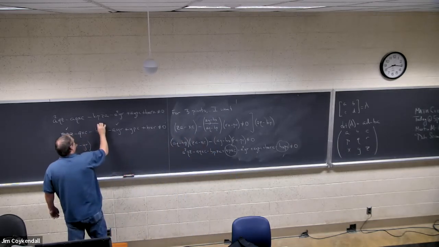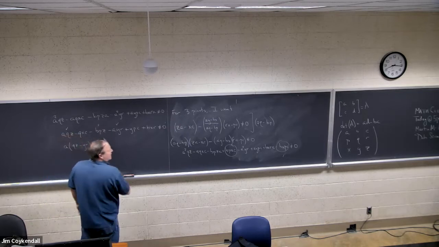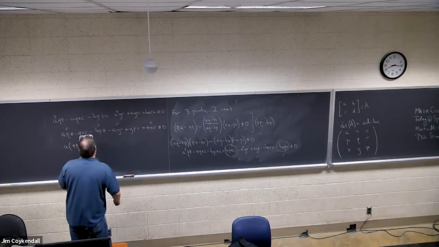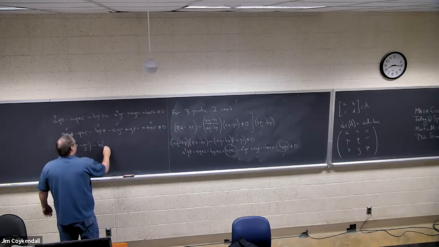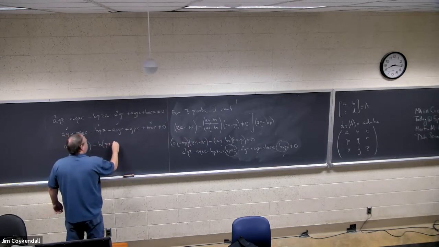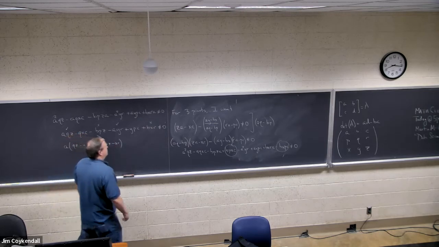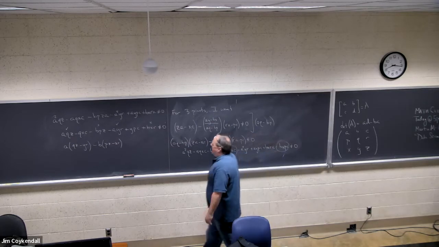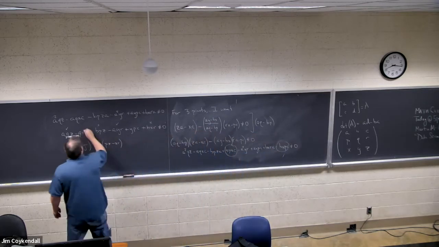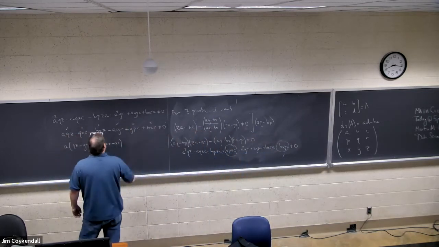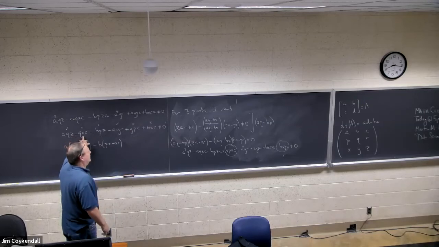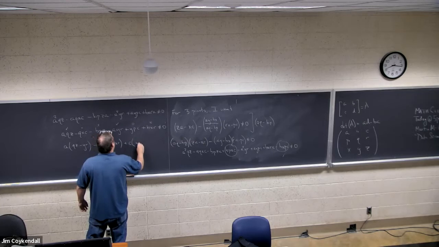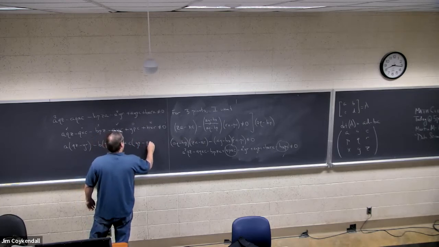I'll put a little X over this. I'm going to pull a negative B out of that: PZ minus XR. And finally, I'm going to put a little circle over this. It looks like this has a common factor of C: YP minus XQ.